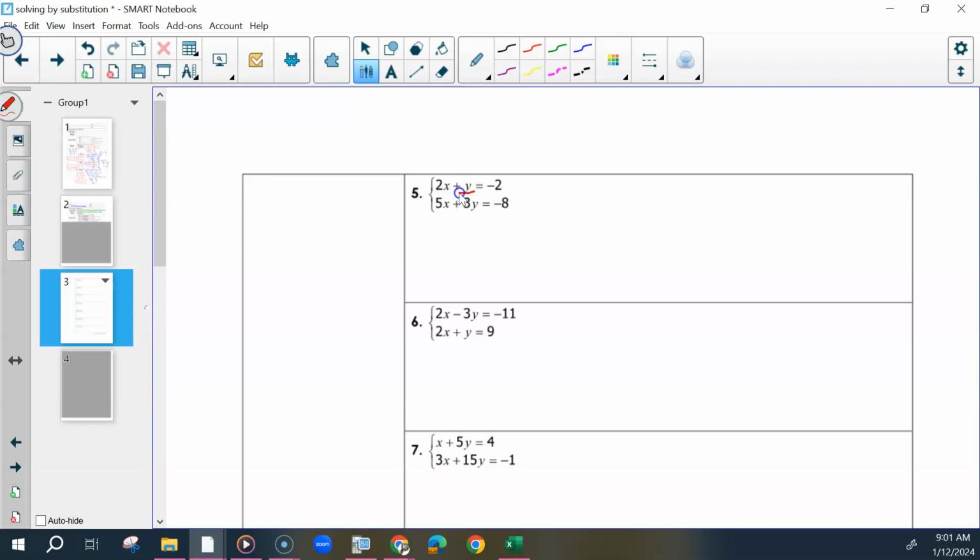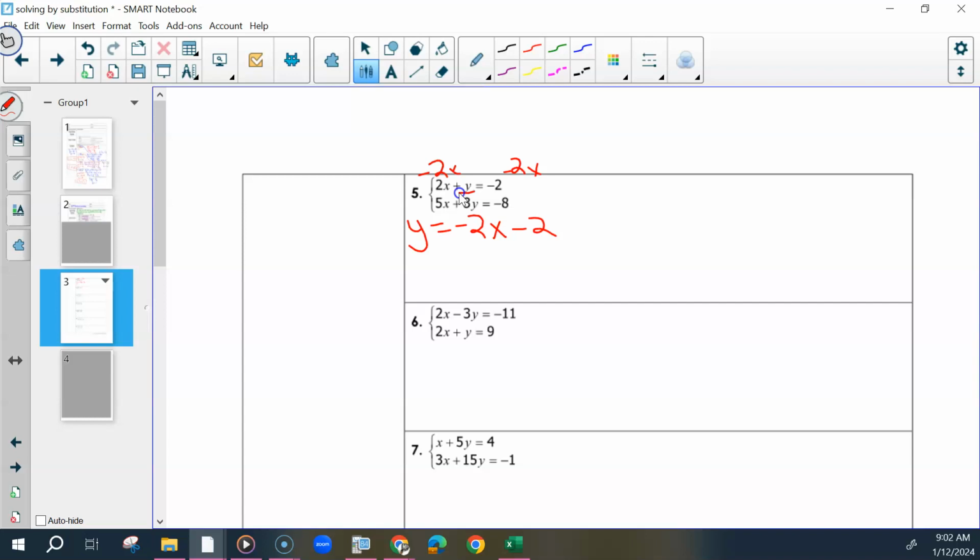How would we get y by itself? Subtract 2x. So that equation would become y equals negative 2x minus 2. Once you have one of the variables solved for, the rest is the same.